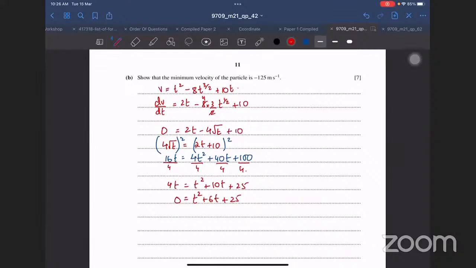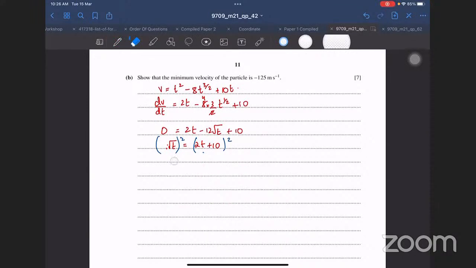There's a mistake somewhere. I just made a small mistake, and this is 12, so this becomes 12.